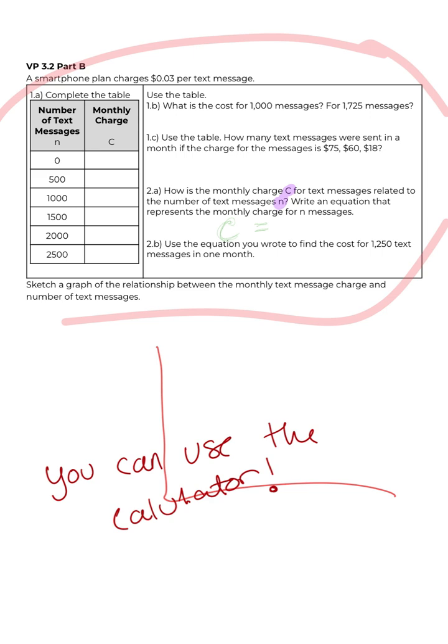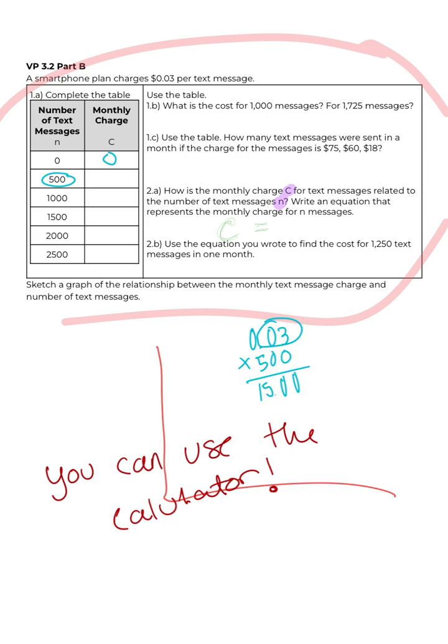Okay, so 0 is obviously 0. Now for this, what are we going to have to do? I think 0.03 times 500. Like I said, you can use your calculator, but if you're not, you know that 3 times 0 is 0, and 3 times 5 is 15. Now here's the problem. It's your decimal places, because you need 2 decimal places since this has 2 decimal places.